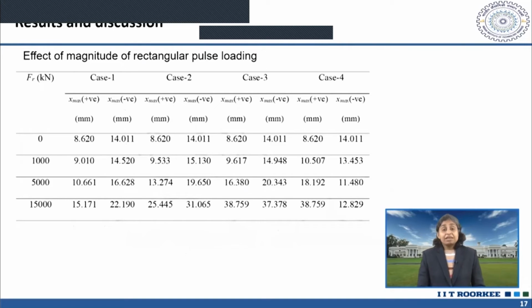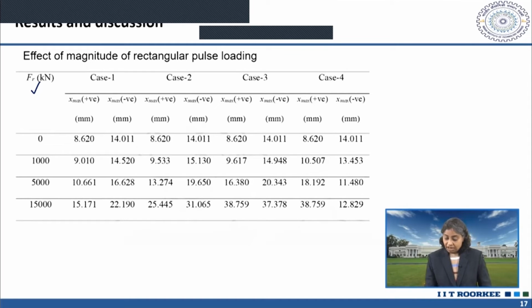Here no definite trend is observed, although it is expected that when we increase the magnitude of the rectangular pulse loading, the displacement is going to increase. But please remember that depending upon the case, the negative phase also comes into the picture and interacts with the magnitude of the rectangular pulse loading, and therefore you will see that somewhere the trend gets reversed.